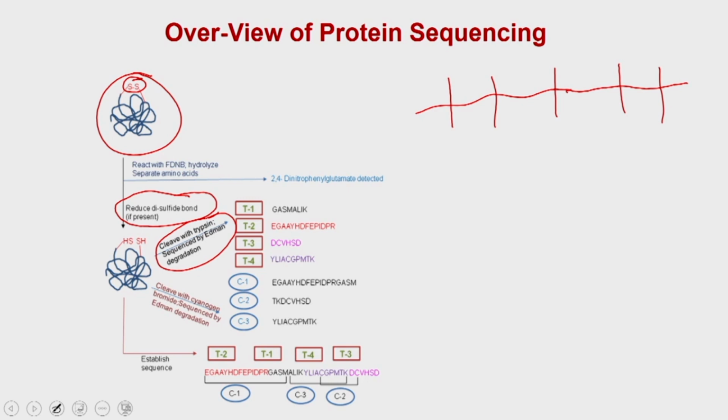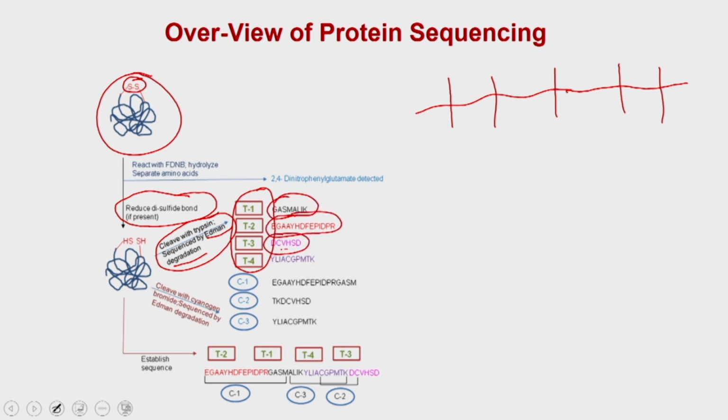Then you are going to have the option of doing a sequencing, either by the Edman degradation method or this. So, then you will do the sequencing, and that is going to give you the sequence of all these small fragments which you generate after the cleavage.